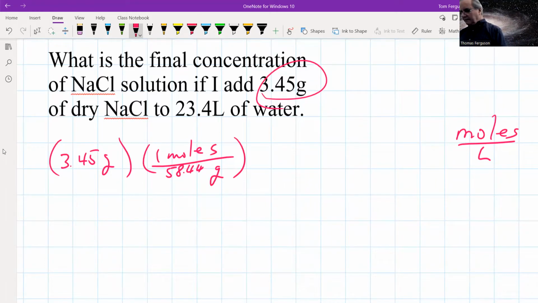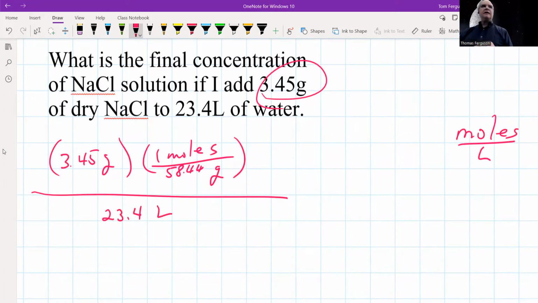And then divide that by our volume, because it's moles per 1 liter, not 23 liters. So we're going to go 3.45 divided by 58.44, divided again by 23.4.